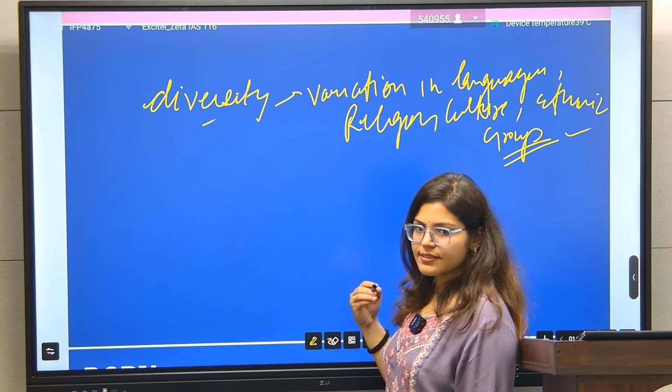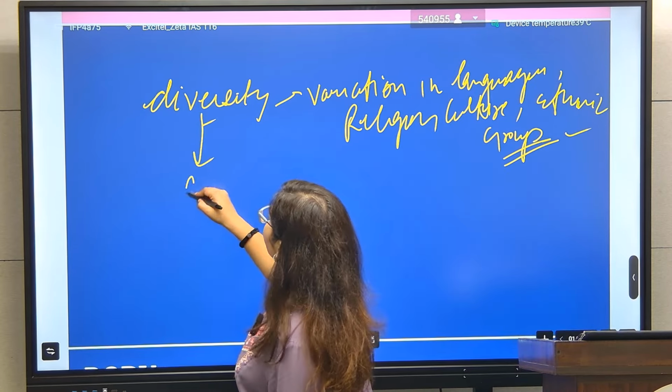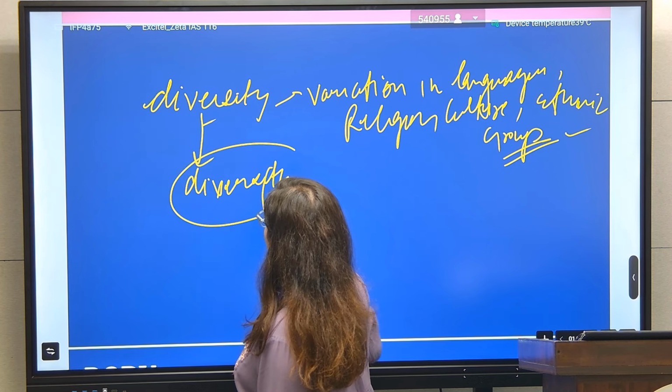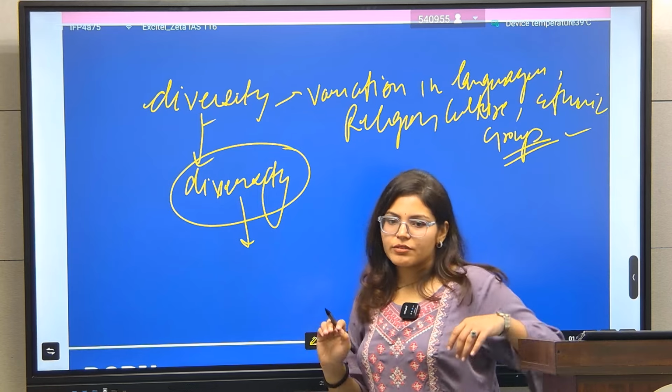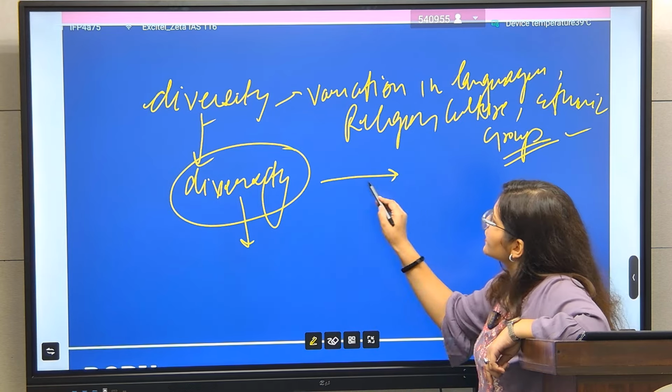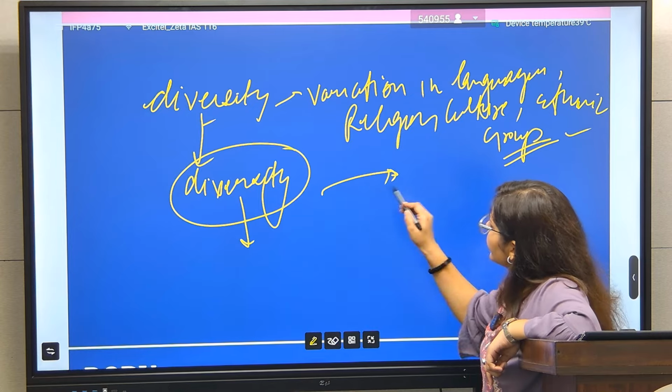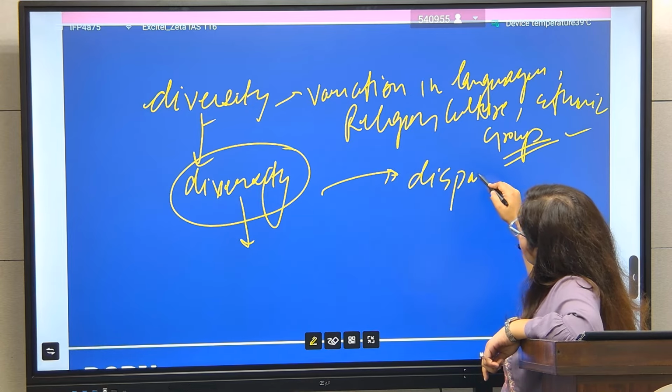So we celebrate diversity in India, but on the other hand, there is disparity.